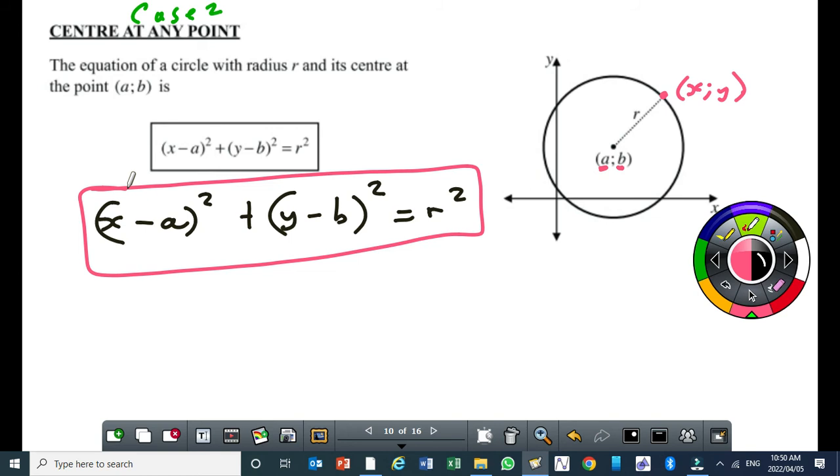So the equation is (x minus a) squared plus (y minus b) squared equals r squared, and this is the famous equation of a circle. In the first case, where the center is at the origin, a will be 0 and b will also be 0. You need to memorize this, but in the examination it's provided.